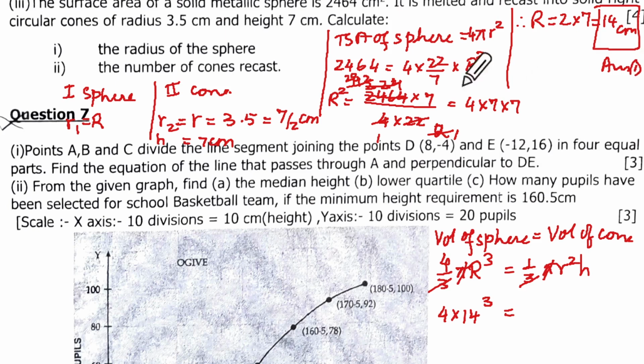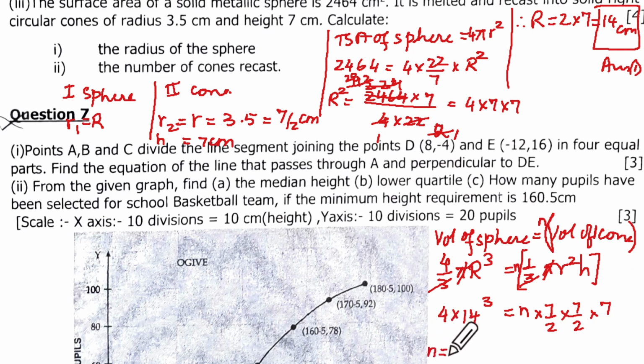Answer 1. Sorry, find the number of cones. So n multiplied by volume of one cone. So this will be n into bracket this. So n into, what is r square? 7 upon 2 into 7 upon 2 into 7, correct?